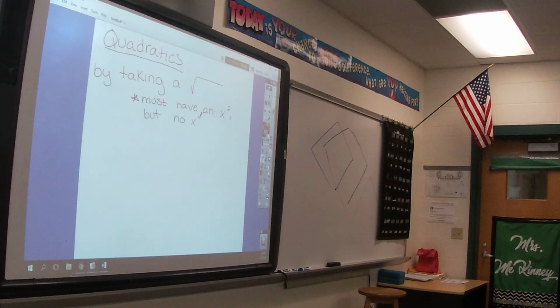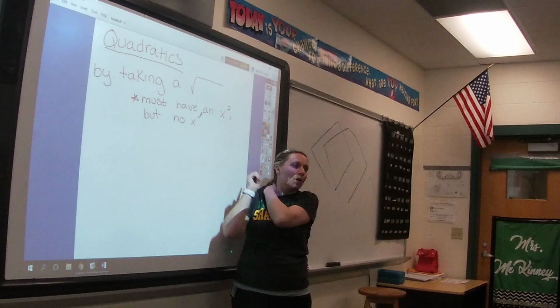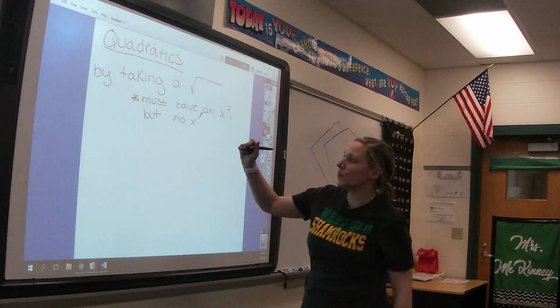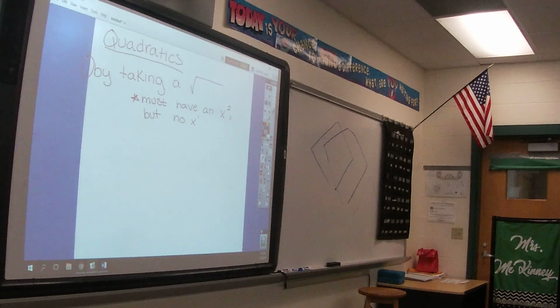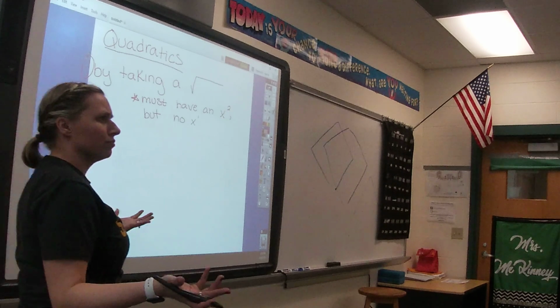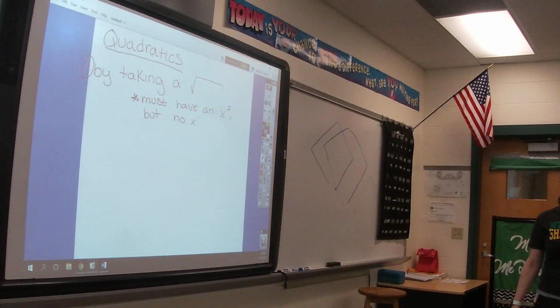There are other ones. So to solve by taking a square root, it's going to have an x squared, but no x. As we go through, we'll be building up a list of things. This is option number 1, and we'll get to 5 options by the end of the chapter.